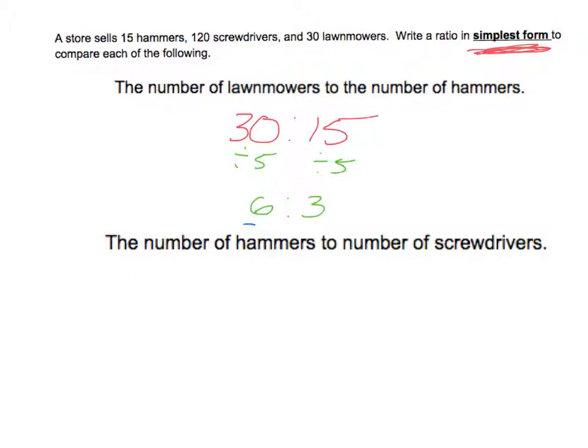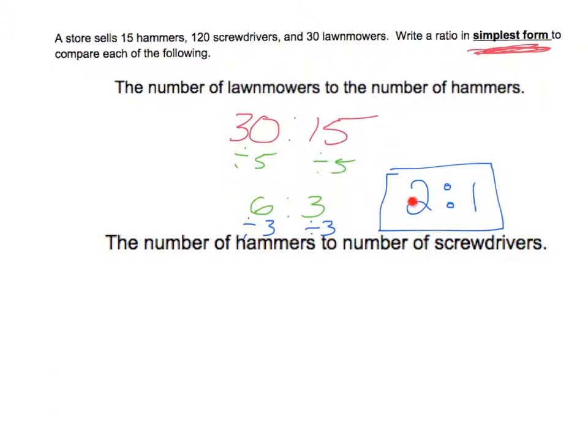So you divide both by 3. And that would become 2 to 1. So basically what this is saying is that for every 2 lawnmowers in the store, there is 1 hammer.